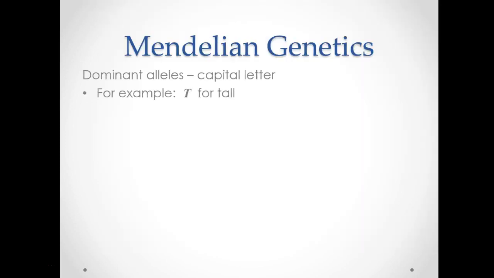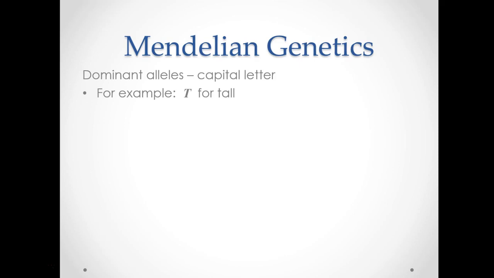So I want to get into alleles for a moment. So again, we use a combination of letters to describe the genotype that you have. So for dominant alleles, we have a capital letter. So a dominant allele is a trait that will show up in an individual even if you only have one of those alleles.